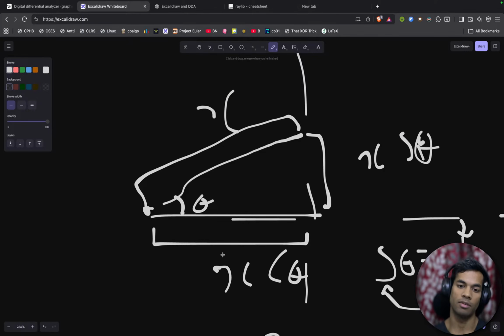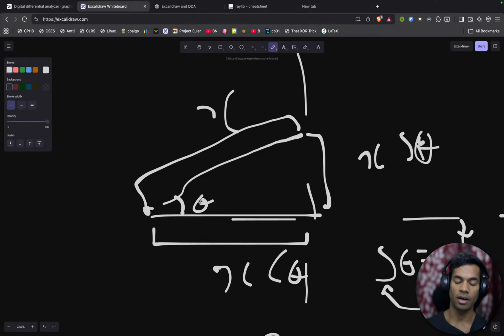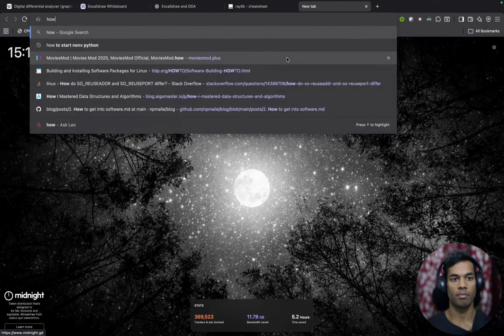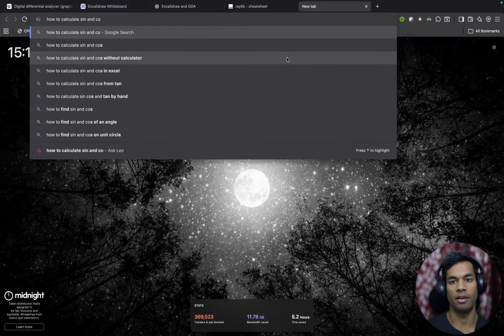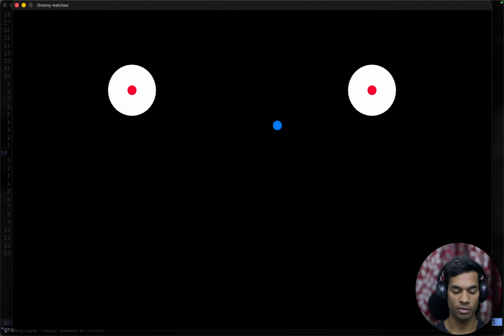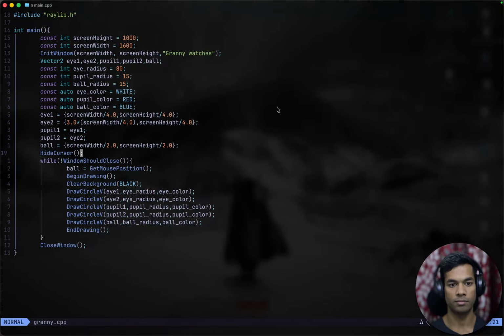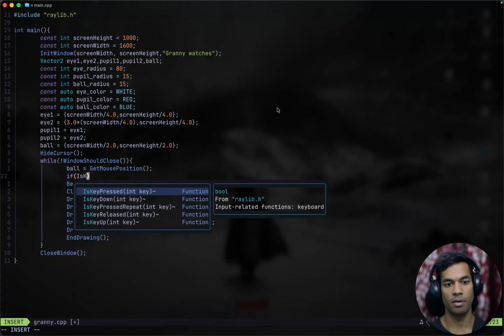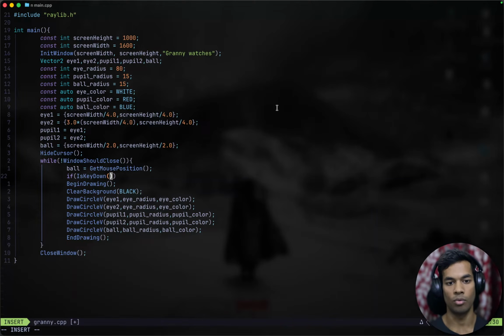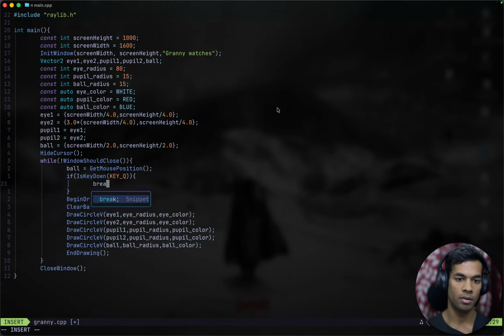So that is nice. And I think there are built-in functions in C++ to do this. And also, if is key down, EQ, then break, exit the loop.